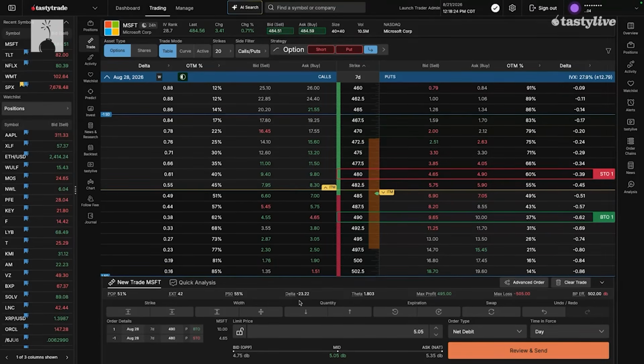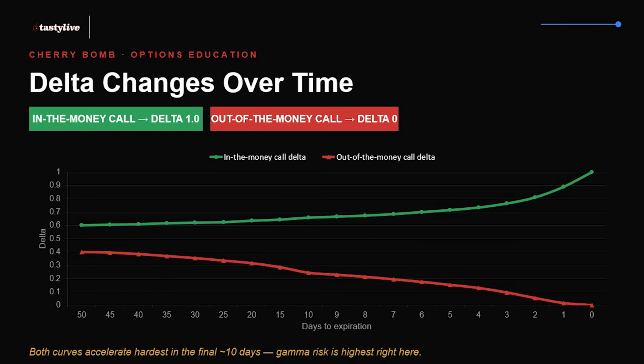put spread, put vertical. Okay, and if you look at this graph, and it's a very, very simple graph, but this is the theory that's underneath these option numbers.